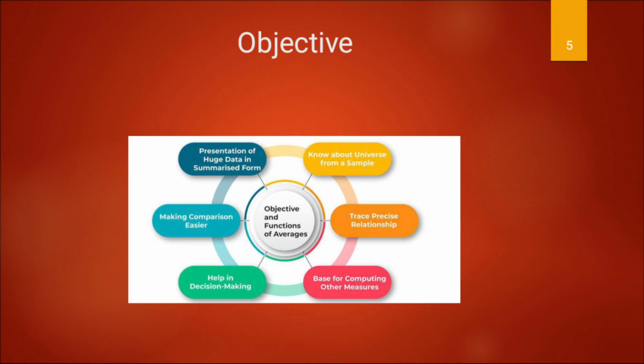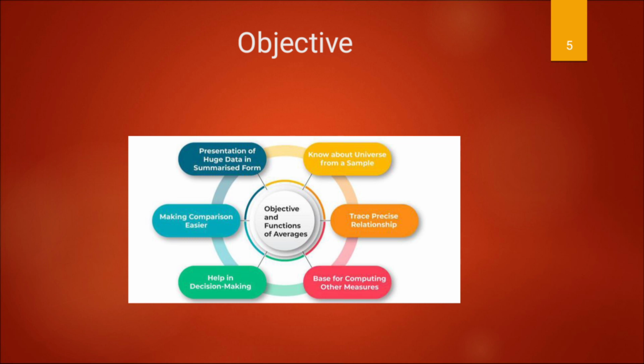Whenever we are calculating a central tendency or average, the basic objectives are as follows. First, making comparison easier: whenever we compare data sets, the average value gives an easier way to compare parameters. Second, helping in decision making.